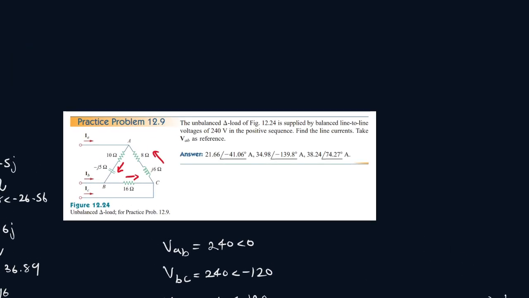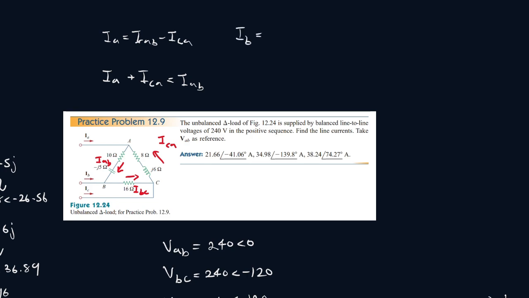Anyways, we call these IAB, IBC, and ICA. So IA plus ICA is equal to IAB, so IA is actually equal to IAB minus ICA.